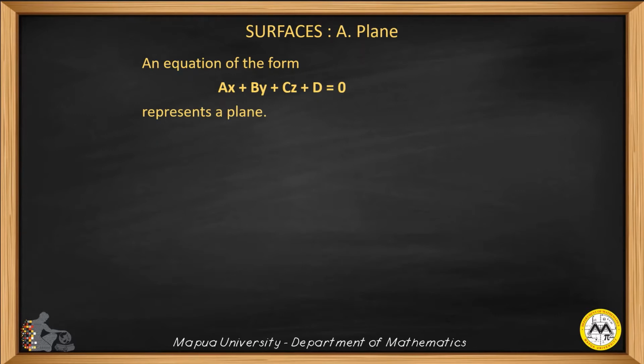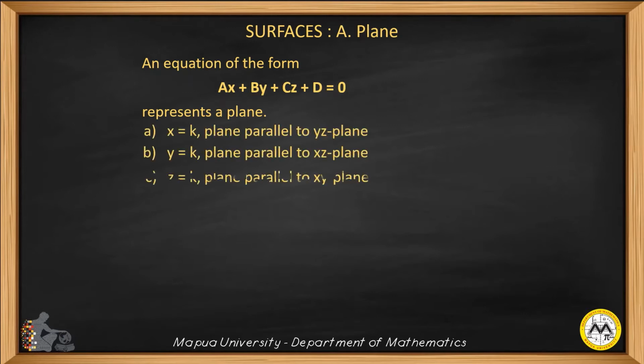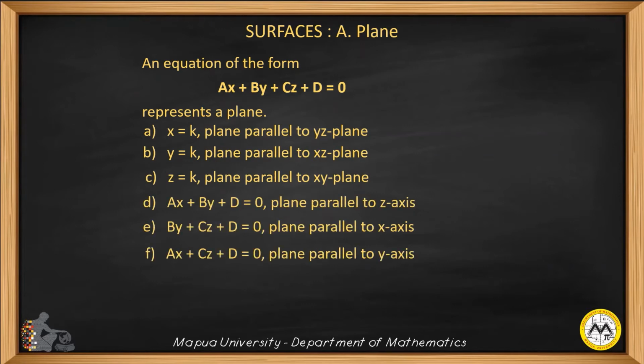So we can have different forms of this equation depending on whether we have three of these arbitrary constants equal to 0, or any two equal to 0, or any one equal to 0. So here are variations of the equations, and please take note of how the planes are oriented in space for a particular equation.